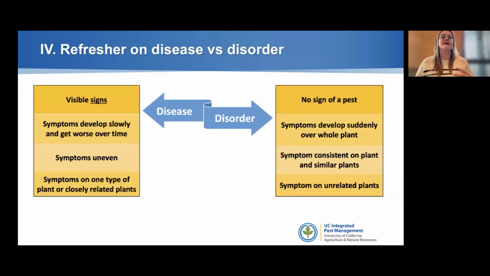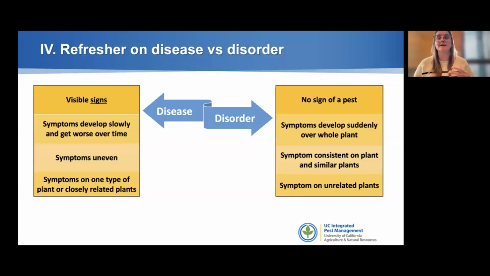Symptoms of diseases tend to develop more slowly and won't happen all at once, versus disorders might take out a whole garden plot at one time if you have a heat spell or a frost spell. Diseases tend to be uneven, so you're not going to get 100% of your plants dead from a disease for the most part. It will happen more slowly and be more uneven.